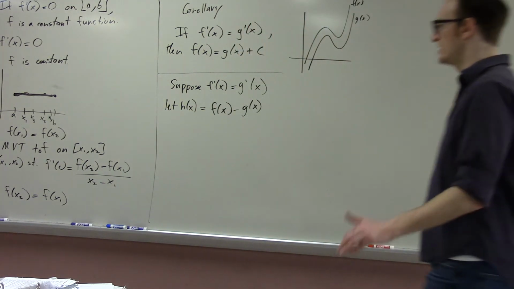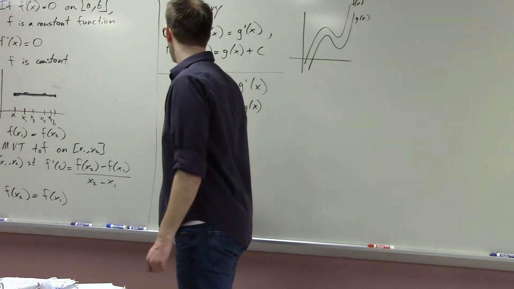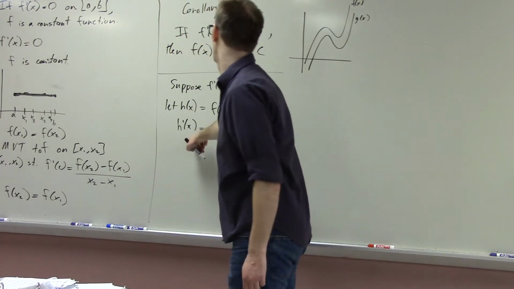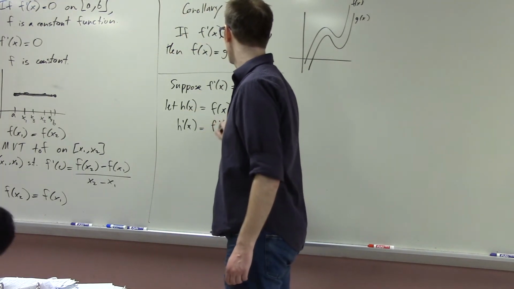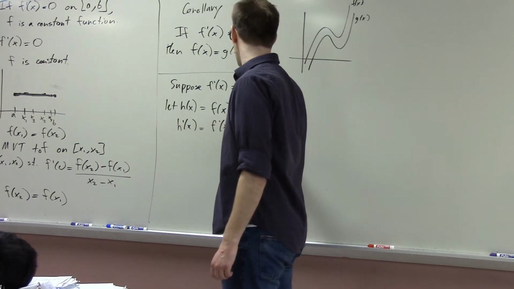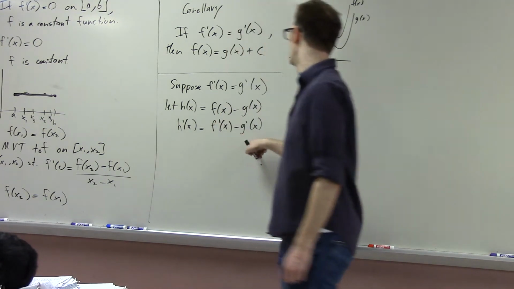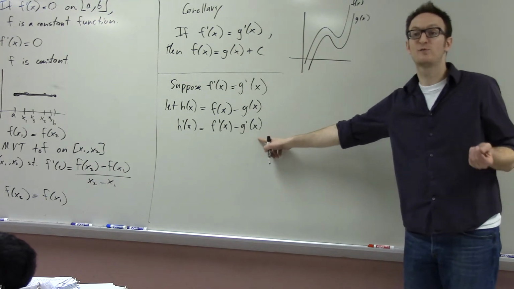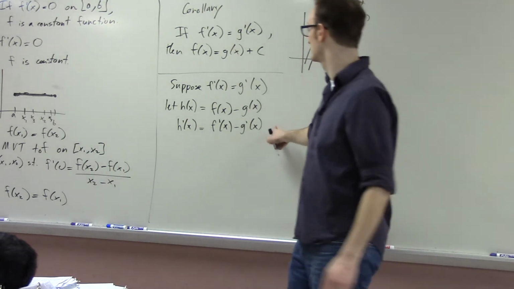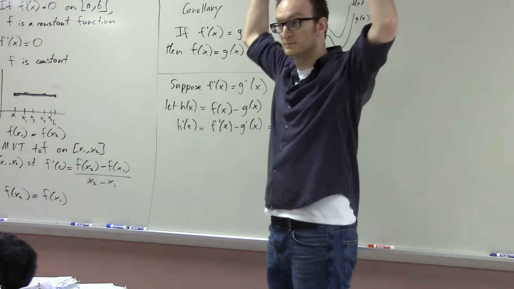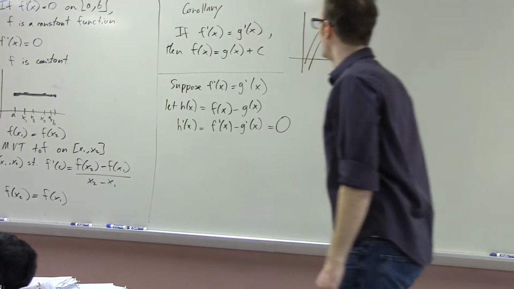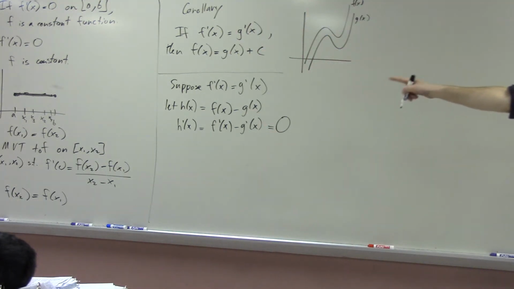Now differentiate. The derivative is f prime of x minus g prime of x. But by assumption, these two functions have the same derivative. Thus, it's 0. And what do I know about a function whose derivative is 0?